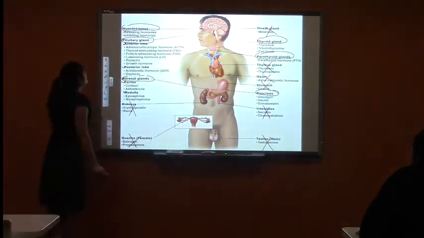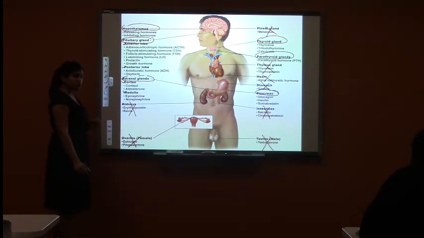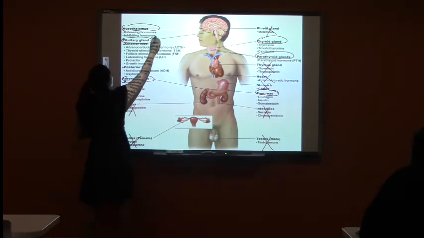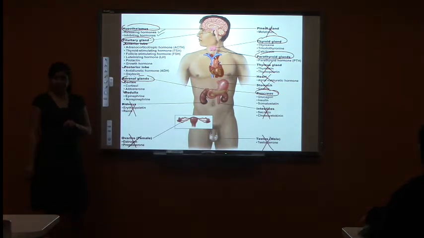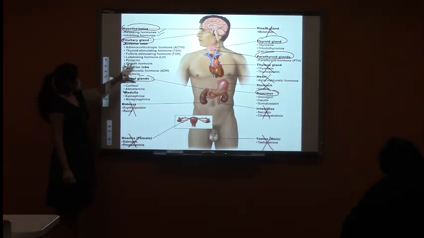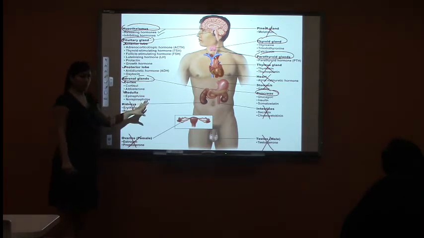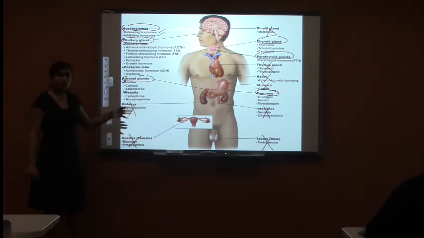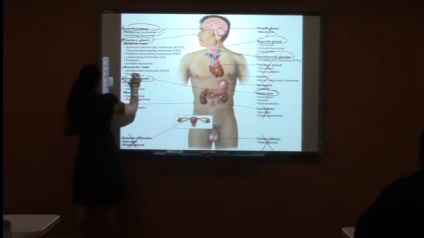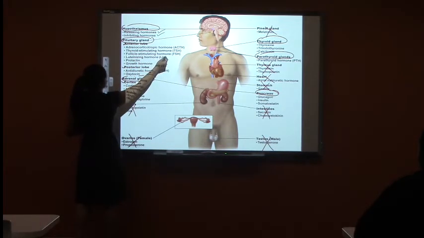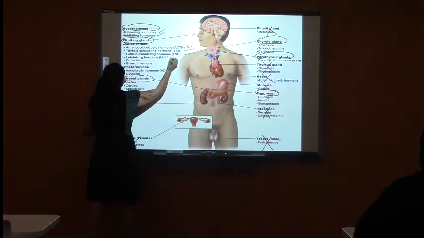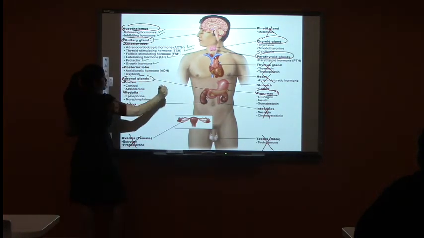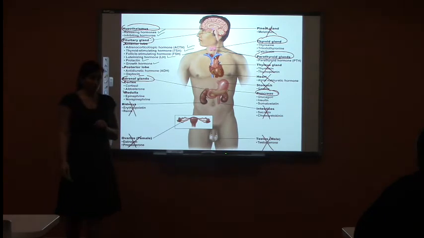Now, what hormones are you responsible to know under the hypothalamus? Releasing hormone and inhibitory hormone. The reds are basically the glands you're supposed to know, and those glands secrete different hormones. The anterior pituitary lobe secretes ACTH, TSH, FSH, LH, prolactin, and growth hormone. You're responsible to know all of those.